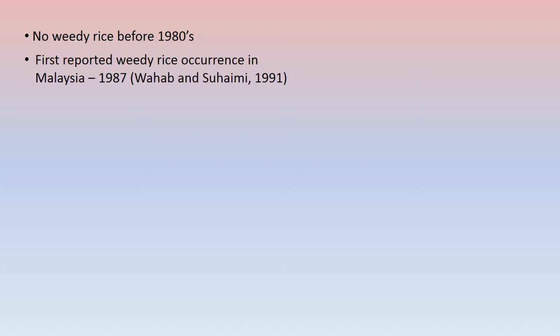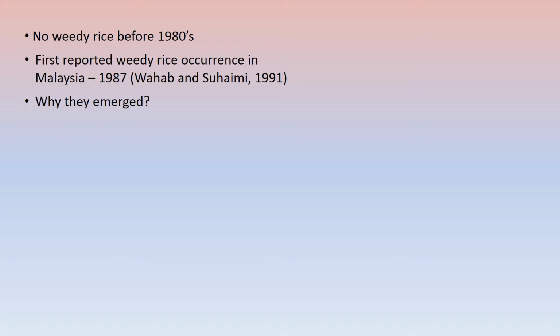No weedy rice has ever been reported prior to 1980s, so I can assume that rice field in Malaysia has never been infested with weedy rice until the introduction of direct seeding method. Various theories have been reported about how weedy rice emerged. Please read the paper I've posted for further reading.